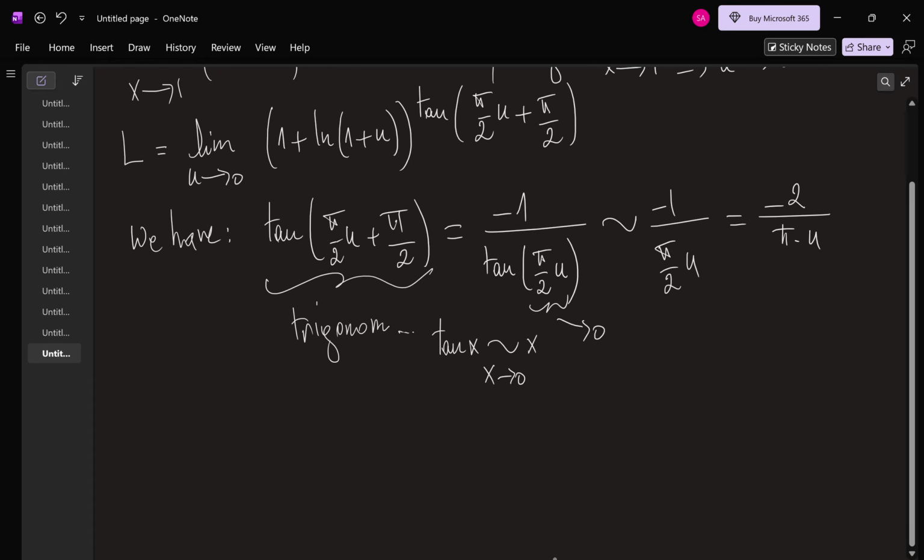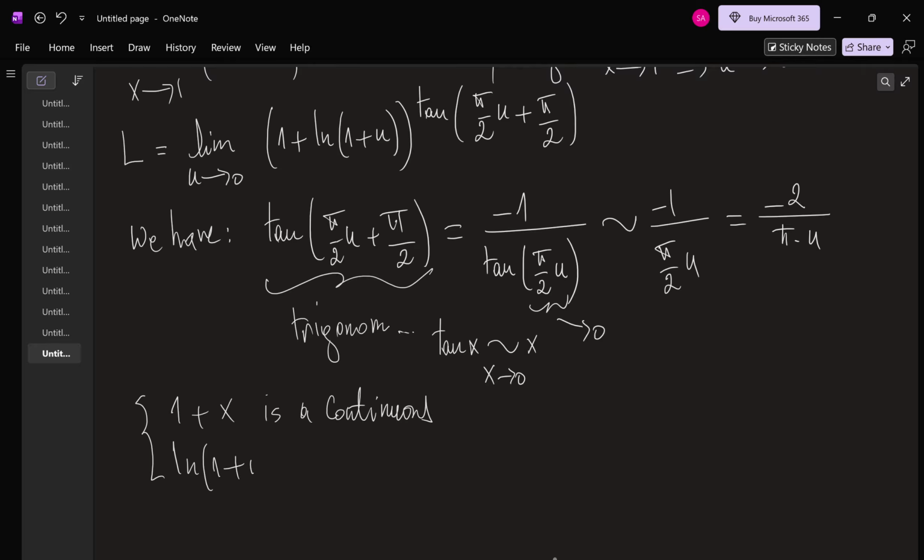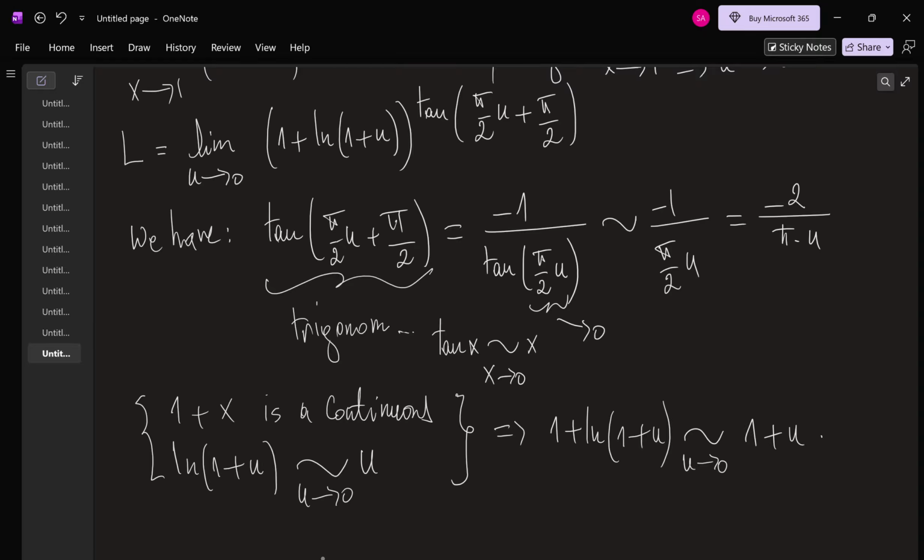Now we will use another rule which says that since 1 plus x is a continuous function and ln(1 plus u) is equivalent to u when u goes to 0, this will give us that 1 plus ln(1 plus u) is equivalent, when u approaches 0, simply to 1 plus u.